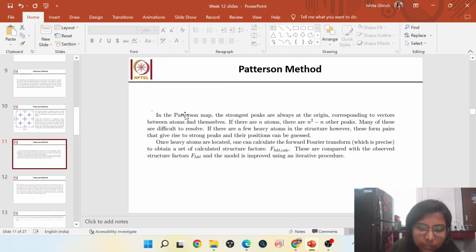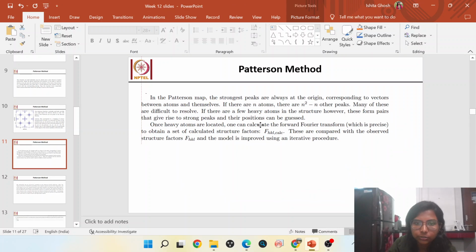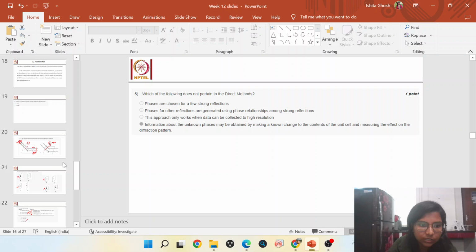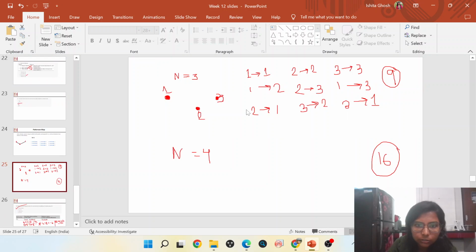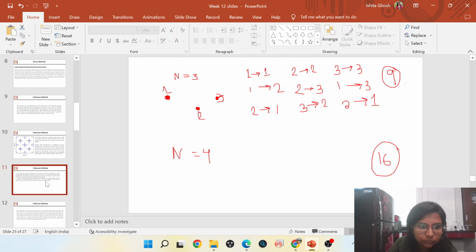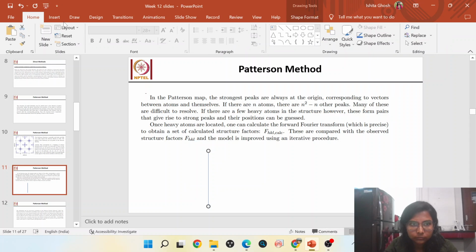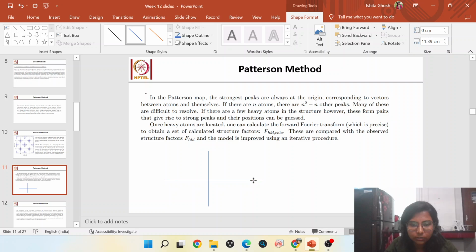The Patterson map corresponds to vectors between atoms and themselves. So what do we mean by this sentence? In the Patterson map, the strongest peaks are always at the origin, corresponding to vectors between atoms and themselves. So we learnt about the self vectors right here. This 1 to 1, 2 to 2, 3 to 3 are the self vectors. So if we plot a Patterson map, this is the graph.